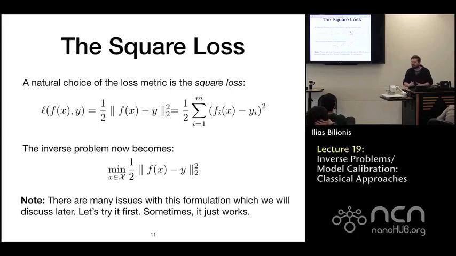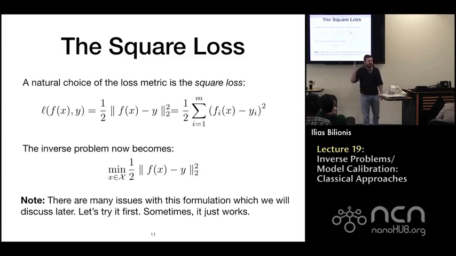Okay? This formulation will give you really a good x. So for example, Newton's laws, you're looking for the mass, you measure, I don't know, a time with very high accuracy, using a high-speed camera, you're gonna nail it. Okay? You don't even have to worry about that. Just minimize the square loss and it will work.